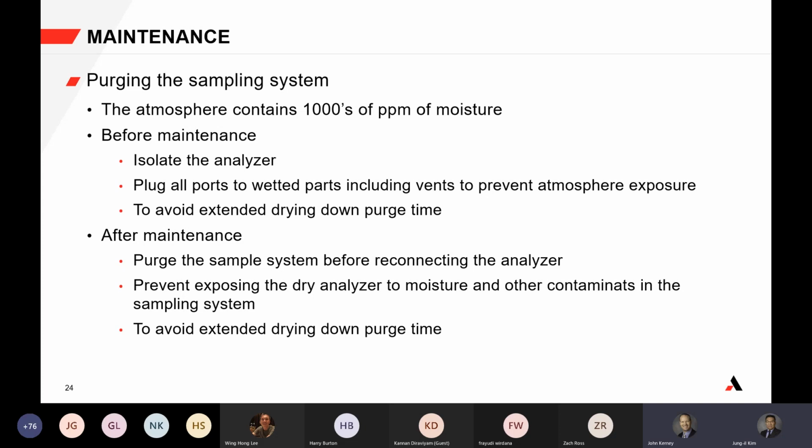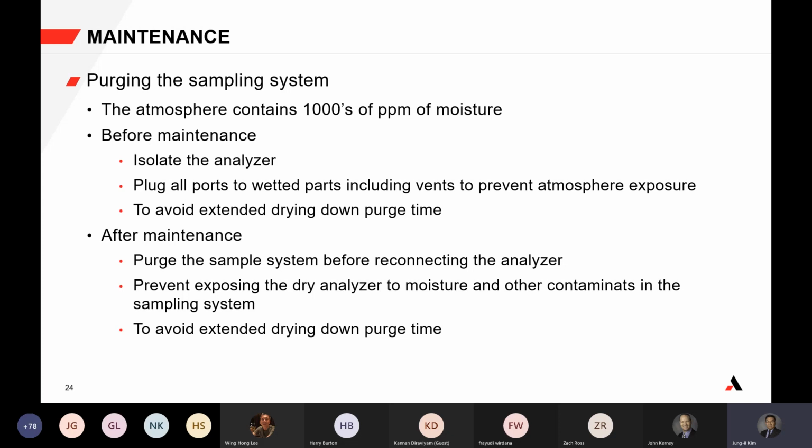Okay, and I think a couple of slides ago you were talking about zero validation, and a question came in. The question was, can we use plant nitrogen for zero validation? Okay, plant nitrogen in itself has a very wide range of the level of impurities inside, meaning it depends on the quality of the plant itself.